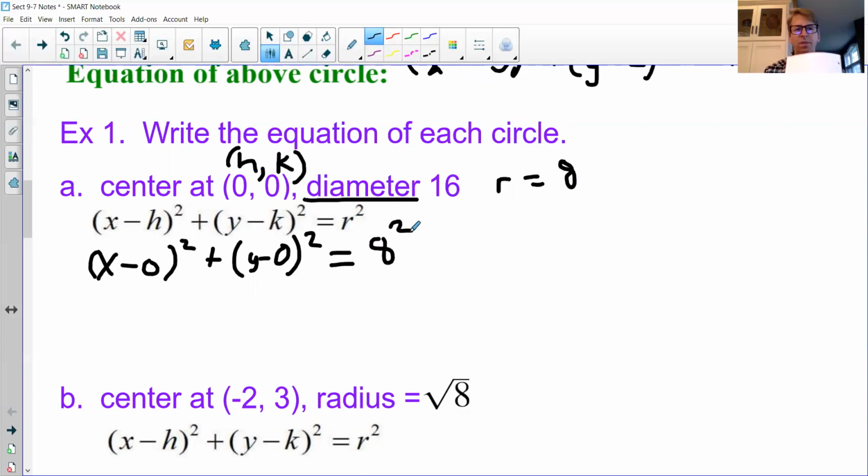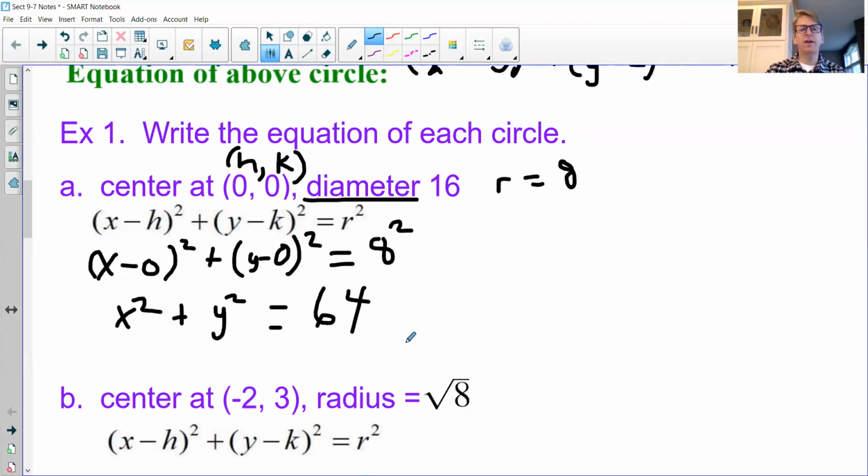Okay, so your answer there is x squared plus y squared is equal to 64.